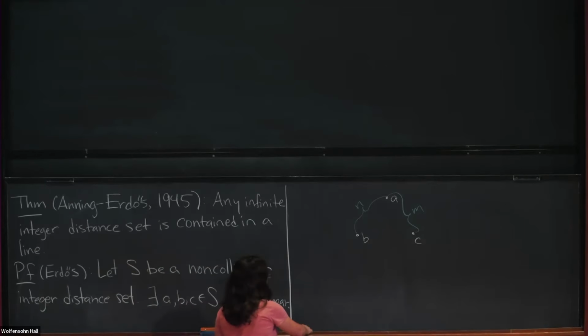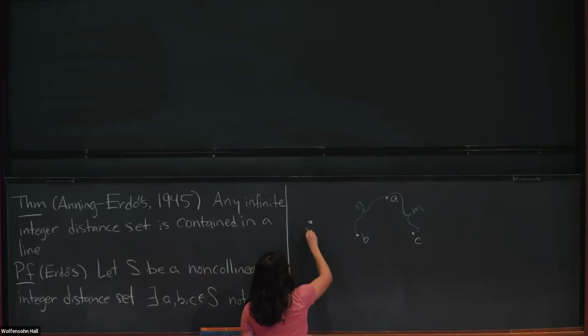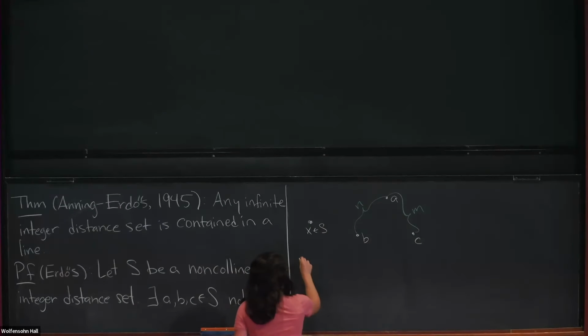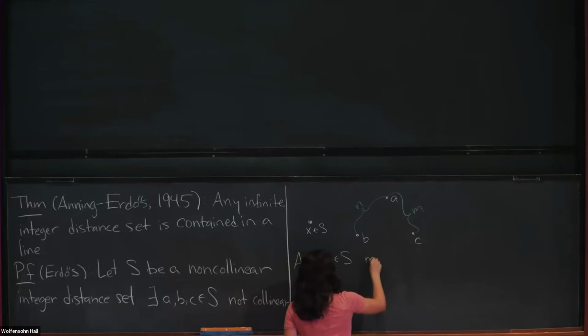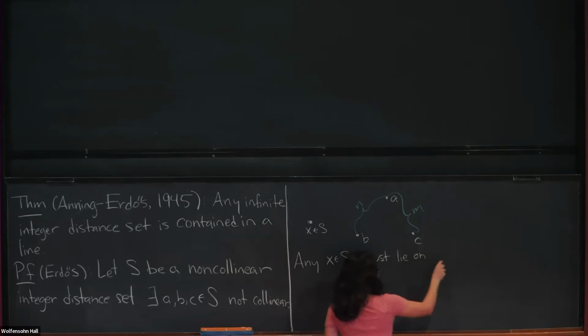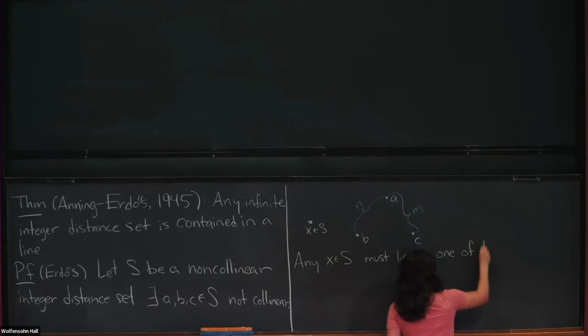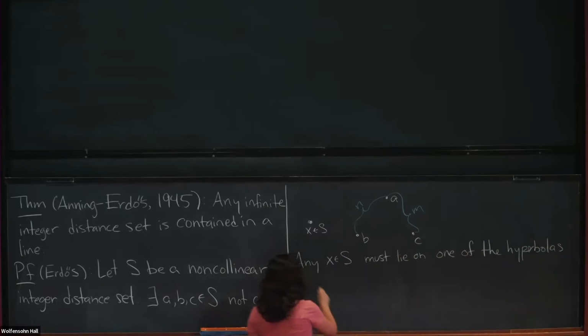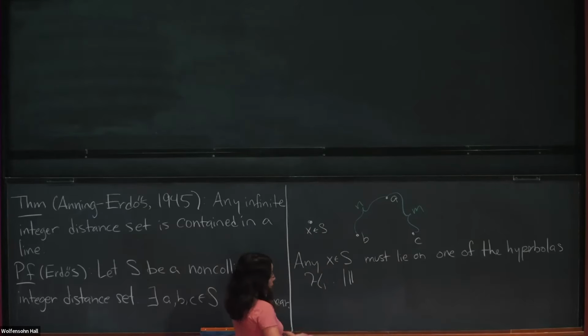Then any other point x in S has to be an integer distance from A, B, and C. So any x in S must lie on one of the hyperbolas in the family H1, which will be all hyperbolas of the form: the absolute value of the difference between the distance from x to A and from x to B is some integer between 0 and n.